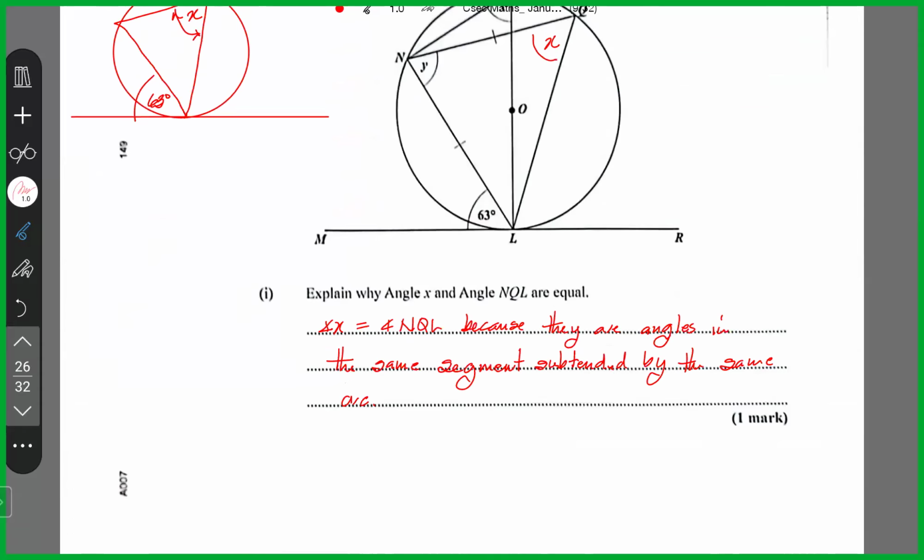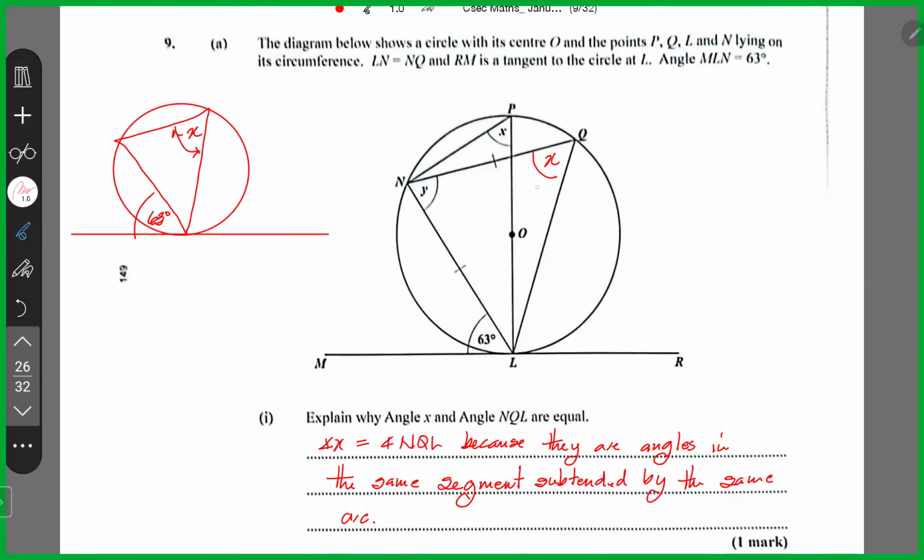Now, to find the angle Y, remember we already established that this angle is also 63. You'll notice that triangle LNQ is an isosceles triangle. N would be the apex, QL is the base, and the two base angles of an isosceles triangle are equal. So if the angle at Q is 63, the angle at L is also 63.